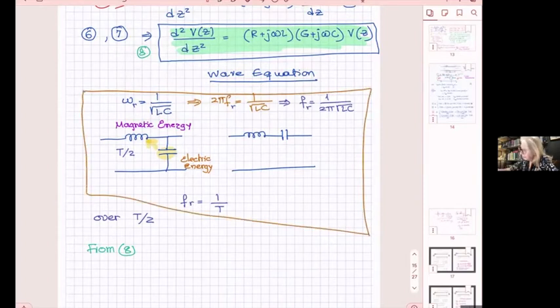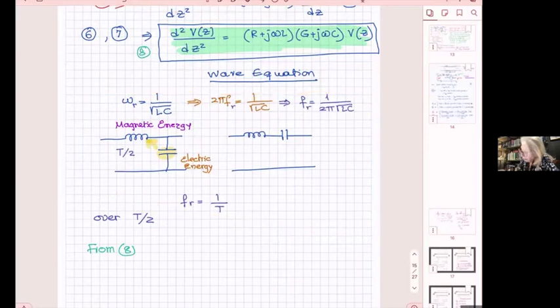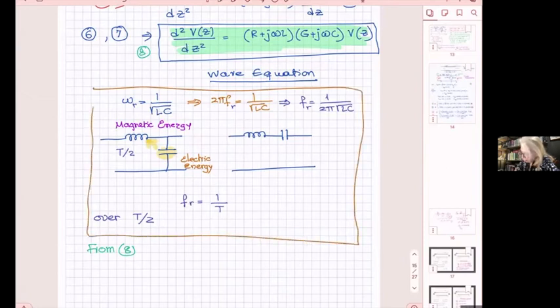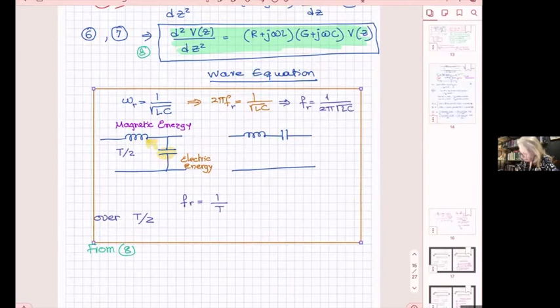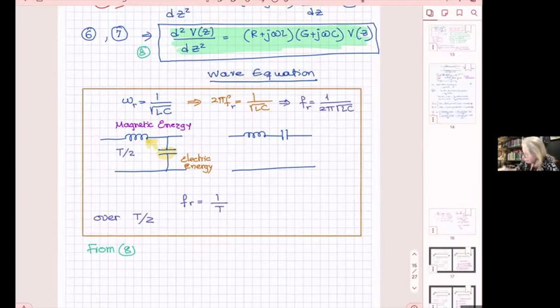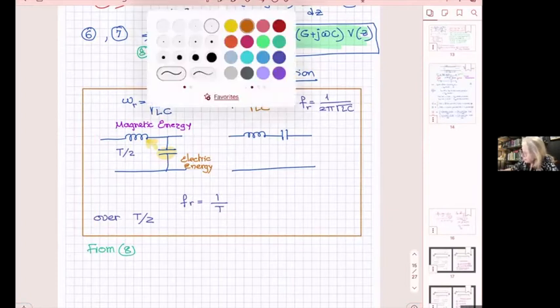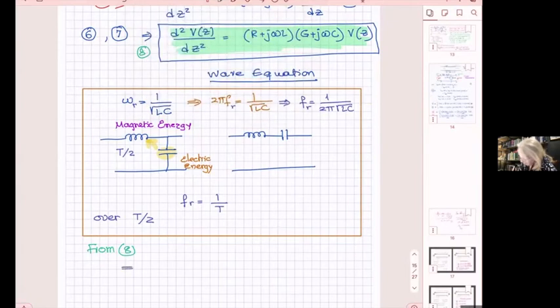Okay, that's really good. So from 8 now, we have the following. We find that V of Z can have the following form.